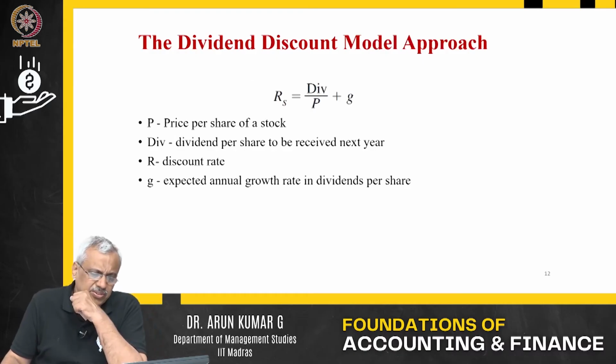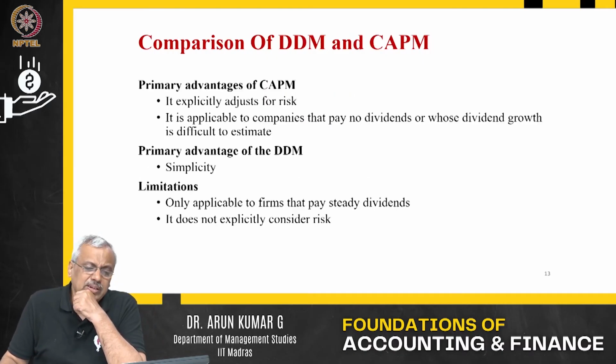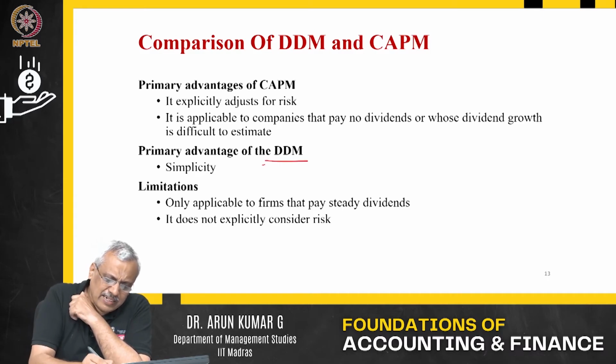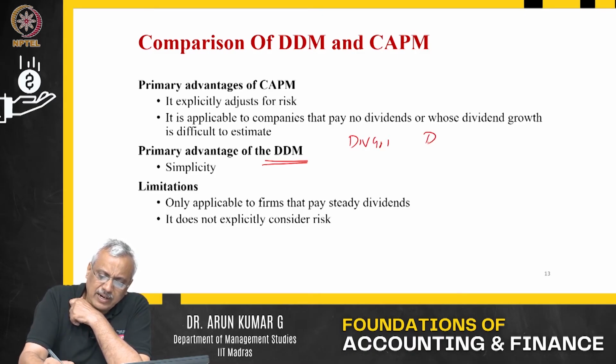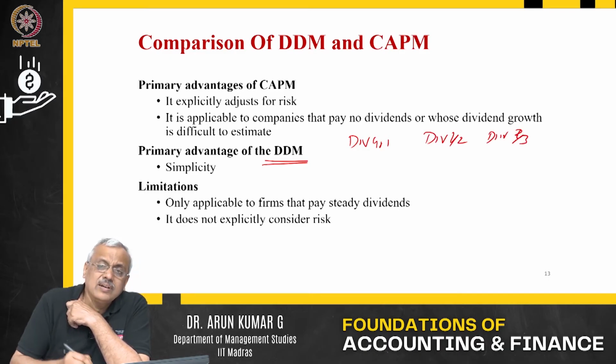We have talked about this dividend discount model approach. I have also got a small comparison between DDM and CAPM. In the dividend discount model, all that I have to do is I know the dividend in year 1, dividend in year 2, dividend in year 3, whatever that dividend x is.